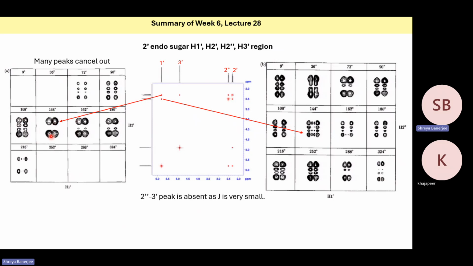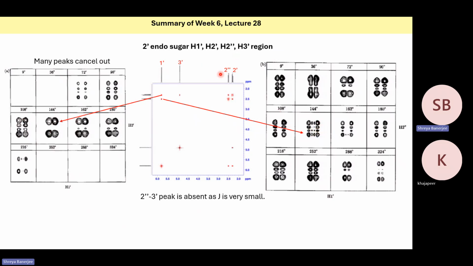So it is expected to have 16 components, but you can only see 4 components. So many of the peaks are cancelling out. Similarly, this is 1 prime 2 double prime, and we are looking at 2 prime endo, that is 144 degree of the pseudo rotation angle. So this is expected to have 32 components, but here you can only see 16 components, and that also the components in the middle are cancelling out.